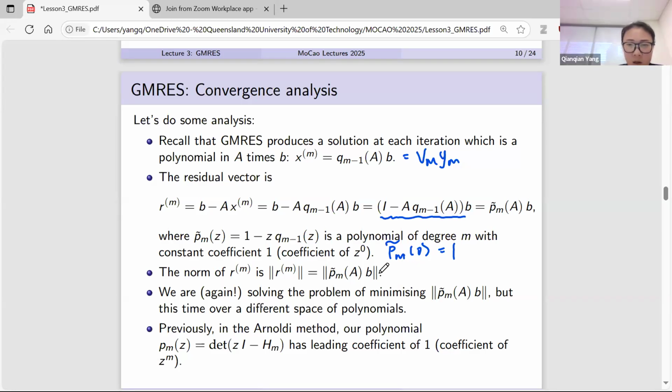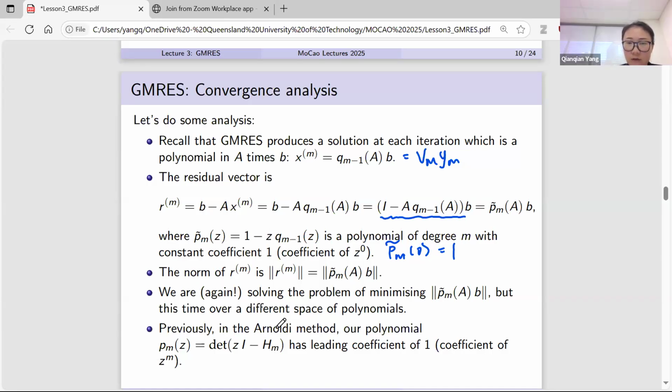Okay, so now with this result here, we take norm on both sides. So the residual norm is really the norm of this polynomial times B. So you see that again, we are solving the problem of minimizing the norm of a polynomial times B, but this time it's over a different space of polynomials. This time our Pm has the constant coefficient 1.